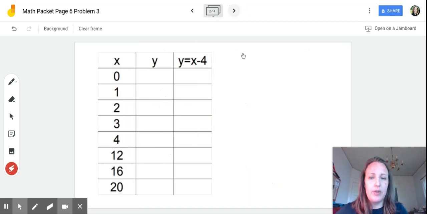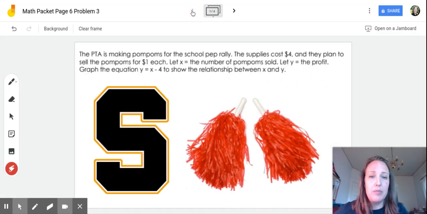So let's look at it this way. Here is a table, a table of X values, a table of Y values. I just made these up, I came up with numbers, but they're related to our question. Our question was, we're going to sell some pom-poms. It says X is the number of pom-poms I sell, and Y is my profit.